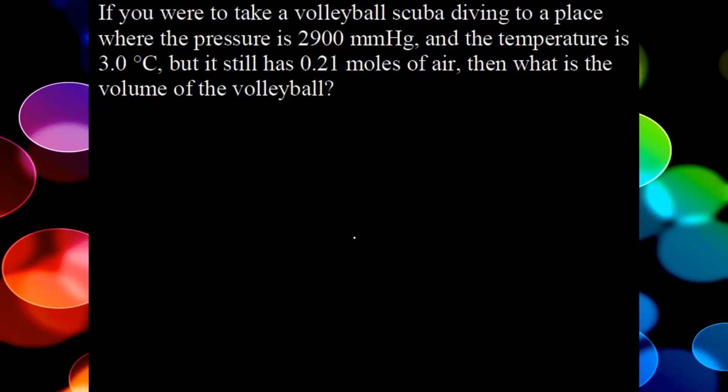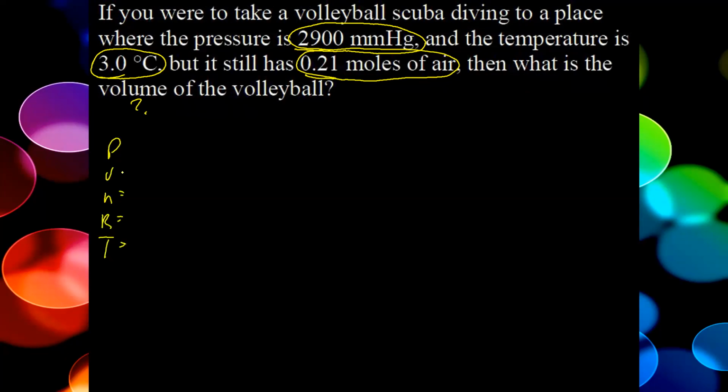If you were to take a volleyball scuba diving to a place where the pressure is 2,900 millimeters of mercury, and the temperature is 3 degrees Celsius, but the volleyball still has 0.21 moles of air in it, then what is the volume of the volleyball? So I'm going to make my little list. 2,900 millimeters of mercury is my pressure.